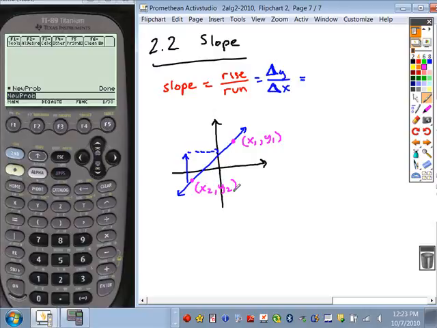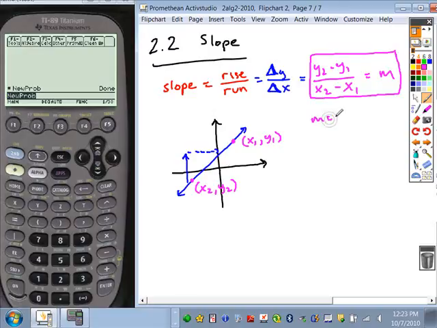The slope is equal to the difference of the y's. So y2 minus y1 over the difference of the corresponding x's. So if you start with y2, you would have to start with the corresponding x, x2. And so that would be your slope equation. Okay? And the letter that's used to represent slope is a lowercase m.